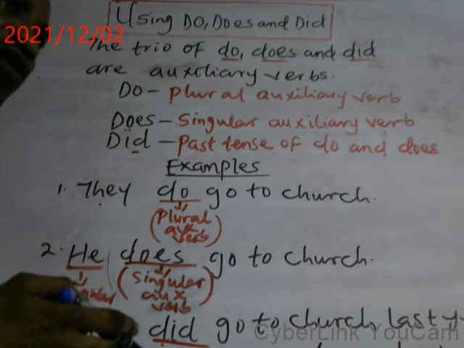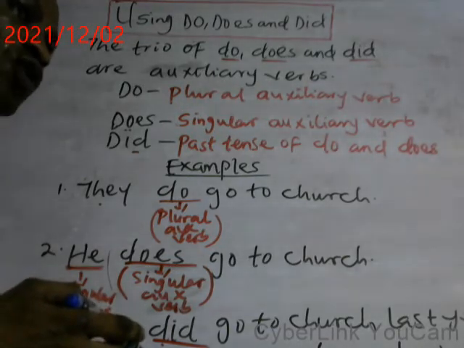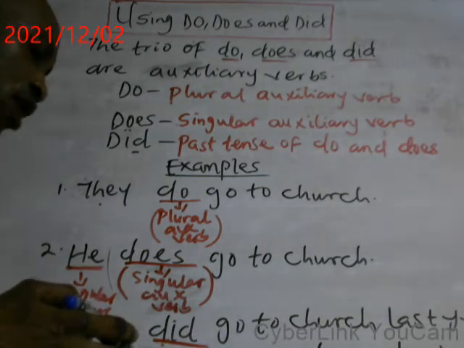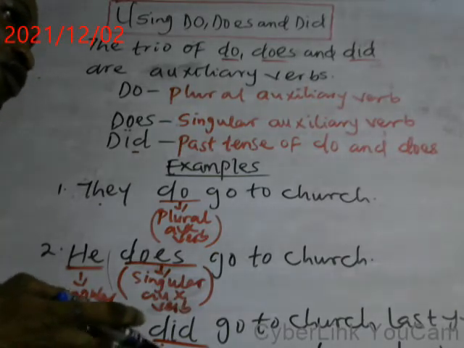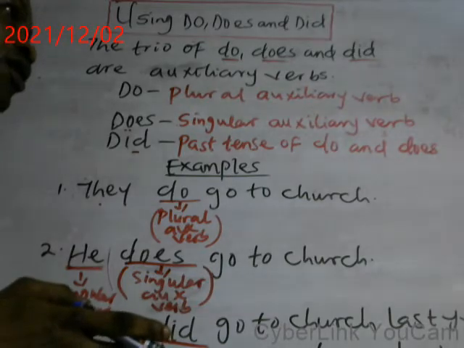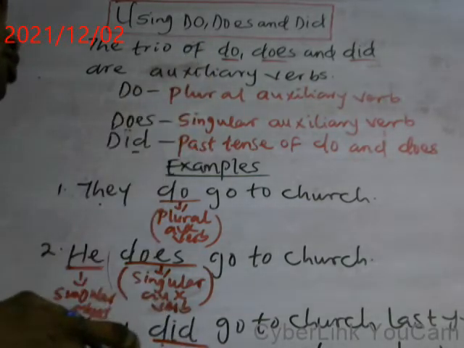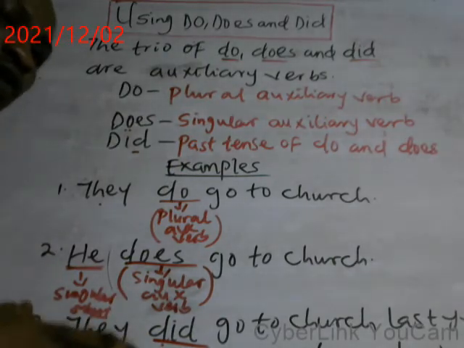Are you getting it now? So once the action is in past tense, it does not matter whether what you are referring to is singular or what? Or plural. Make use of did. So far, this is how to use this set of auxiliary verb. Do, does, and what? Did.